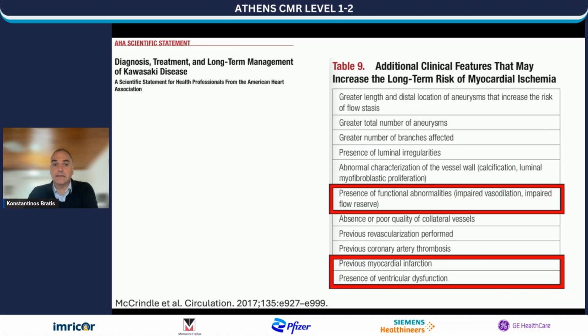However, in those guidelines, it's also suggested that beyond the coronary arteries, the presence of any functional abnormalities, perfusion abnormalities, but also the presence of myocardial infarction or ventricular dysfunction do have a prognostic role and should be taken into consideration.